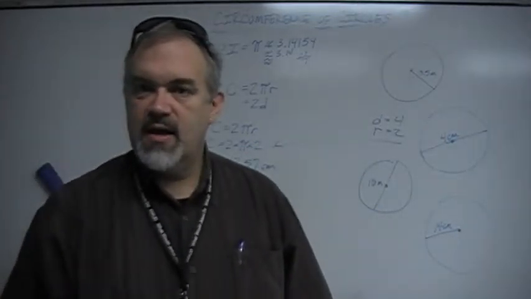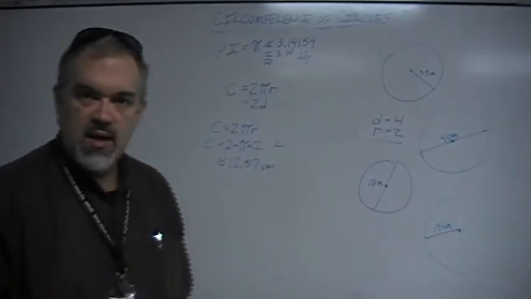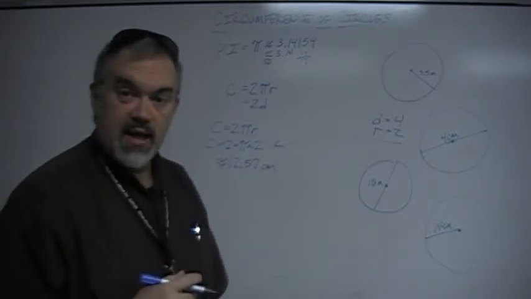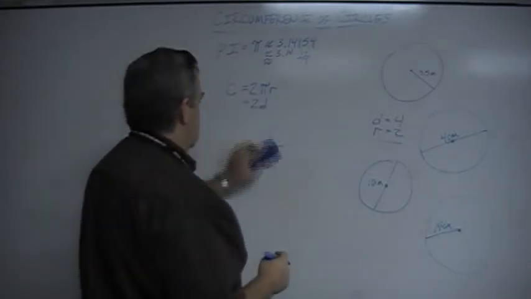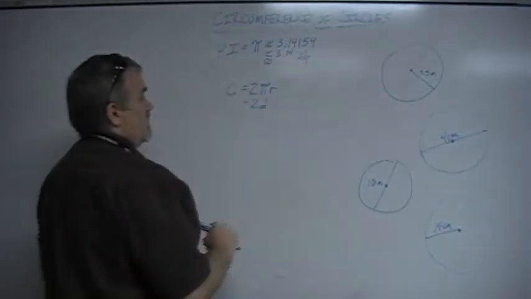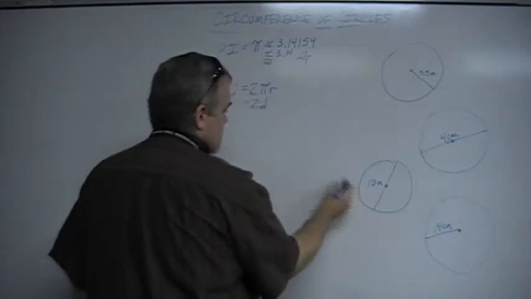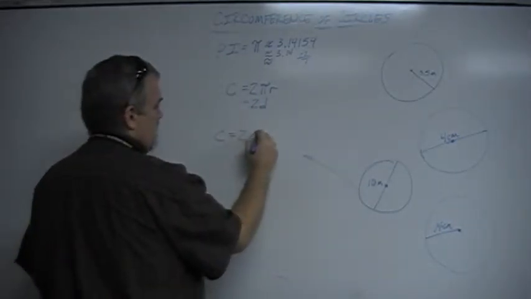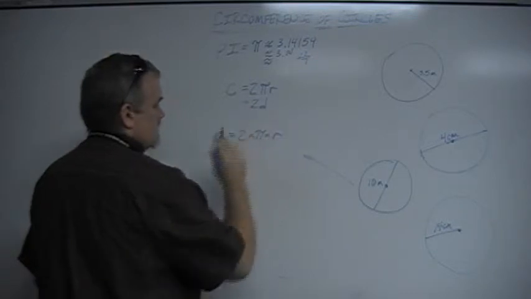Now, sometimes you don't have a calculator. There are other reasons why you wouldn't use a calculator in some circumstances, or maybe you just want a quick answer. So what we can do in that situation is use one of our approximations for pi. We'll use this one as an example. We're going to say again our circumference is equal to 2 times pi times the radius.